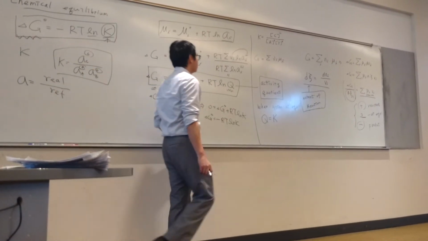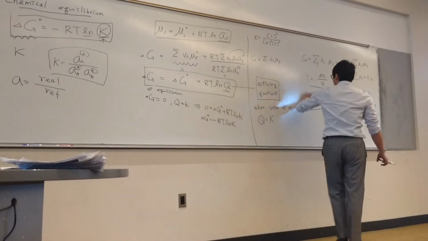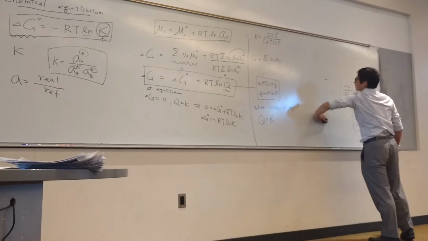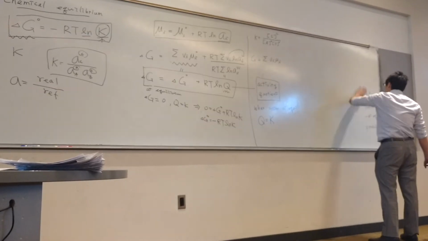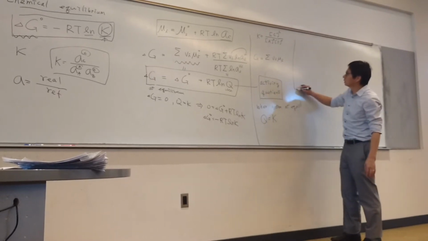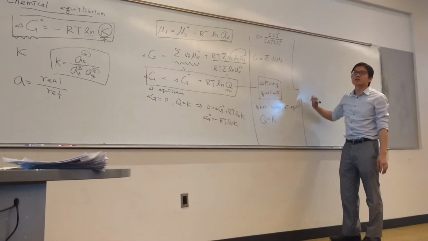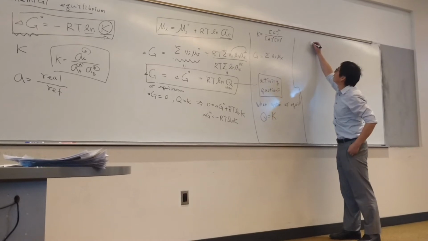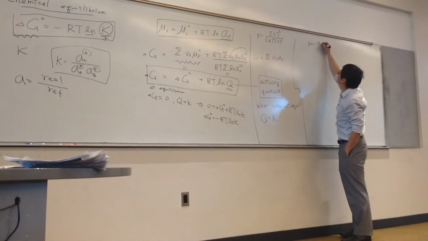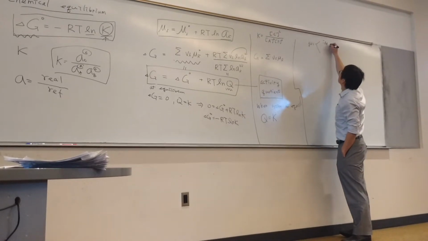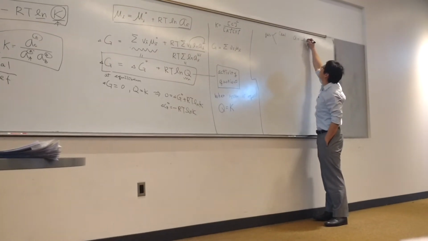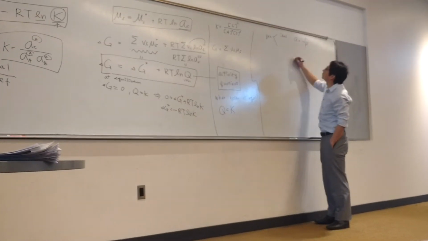So apparently you need to know how to write the activity correctly for different systems. What is the a for different conditions? We actually mentioned this 2 days ago, right? For gas systems, if you have ideal gas, your a is going to equal P over P naught.